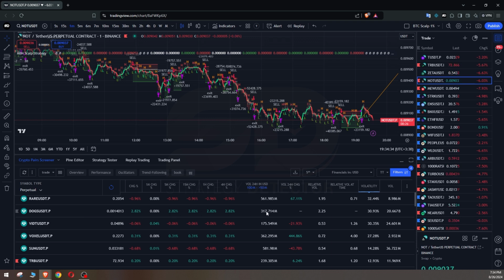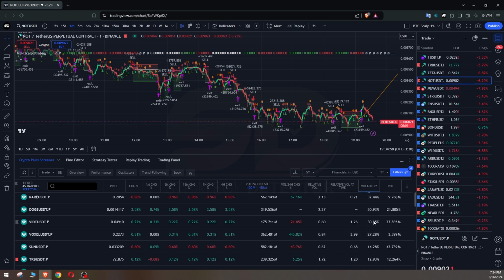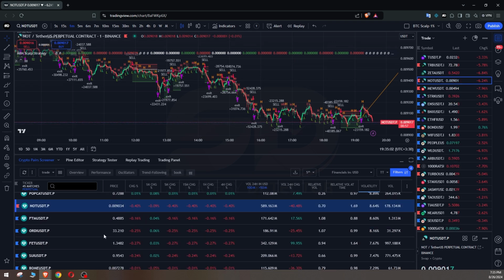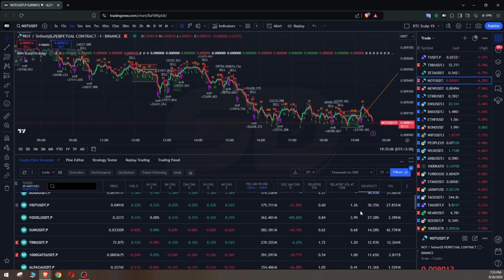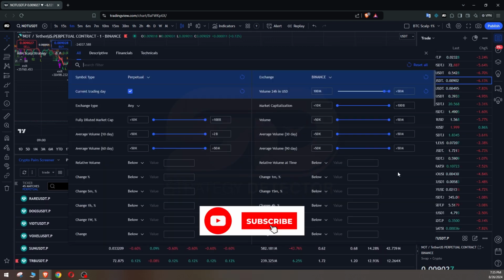Next, there's an option called volatility in the screener sections that, when activated, shows the volatility changes of currencies. Here you'll see a list of currencies that have had significant changes in the past 24 hours, and I've also filtered their volume. You can also filter by your preferred exchange.